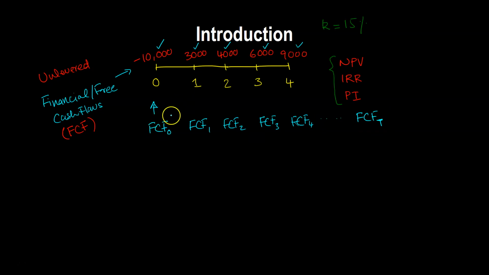The main point is that we want to determine the cash flows at these different points in time. Why? Because once we have these and we have the discount rate, then we can use these different ways to evaluate our investment.